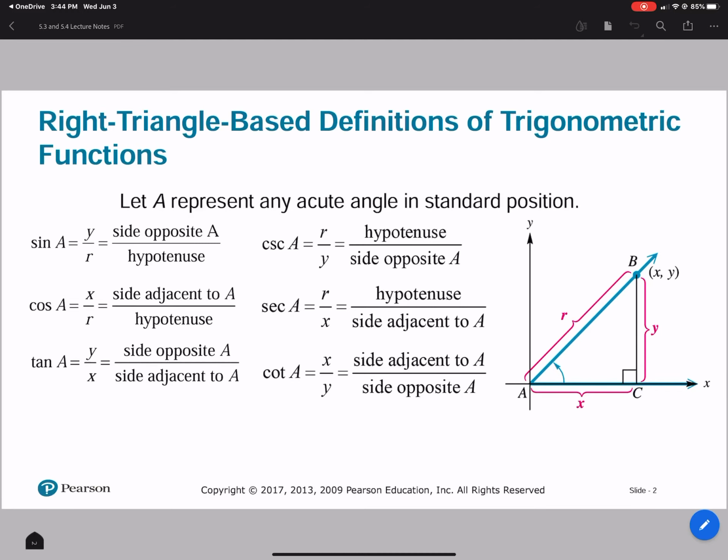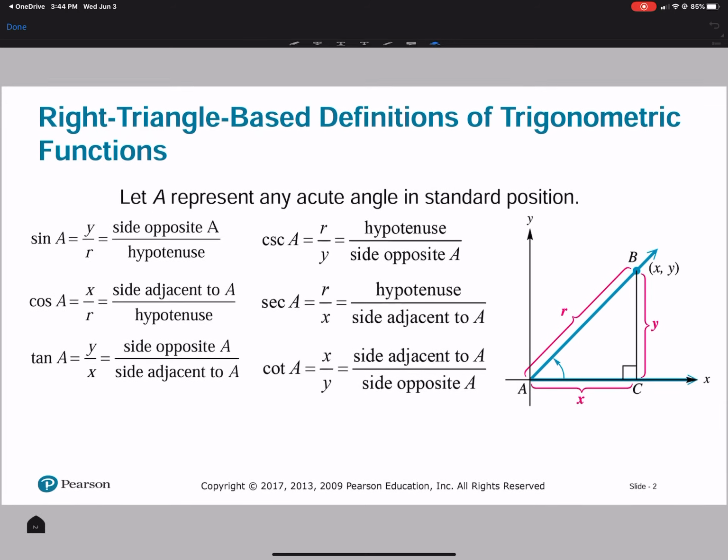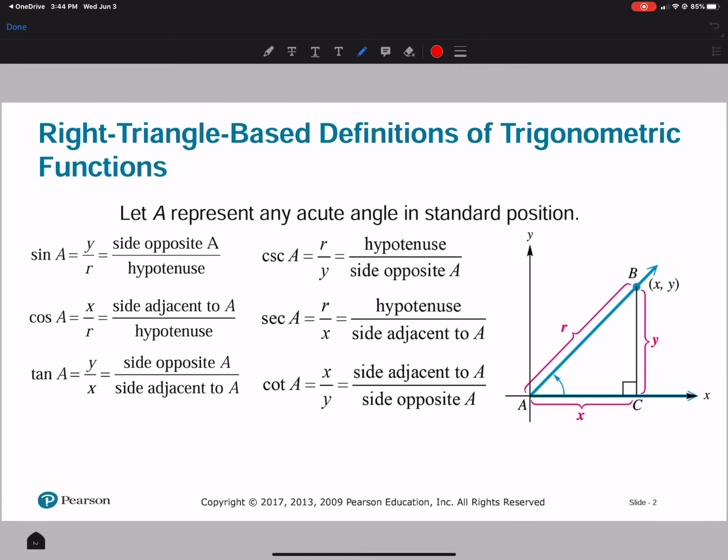So maybe you've heard certain sayings, if you've ever seen it, it's S-O-H, C-A-H, and T-O-A. So SOHCAHTOA, which means what? Sine is equal to opposite over what?